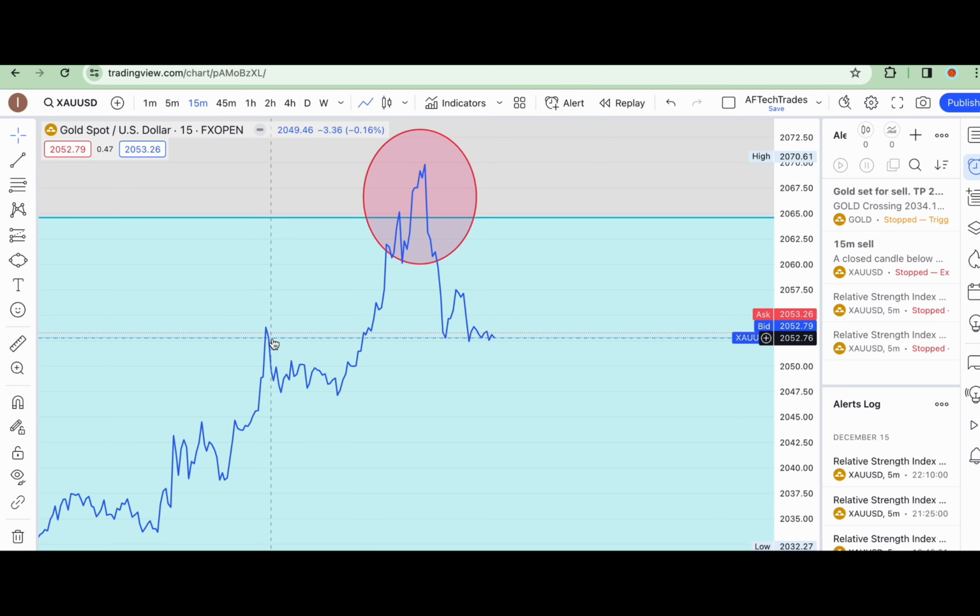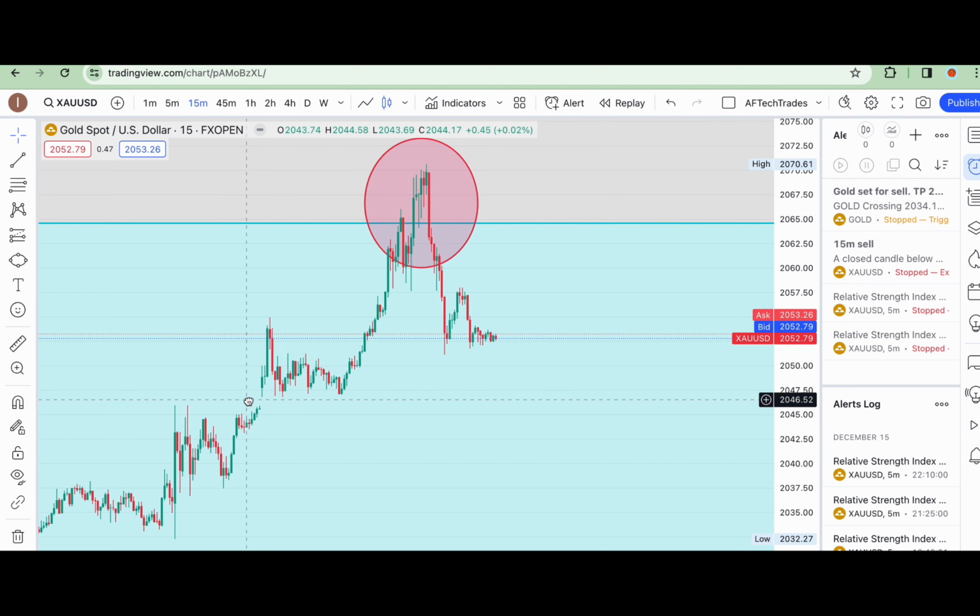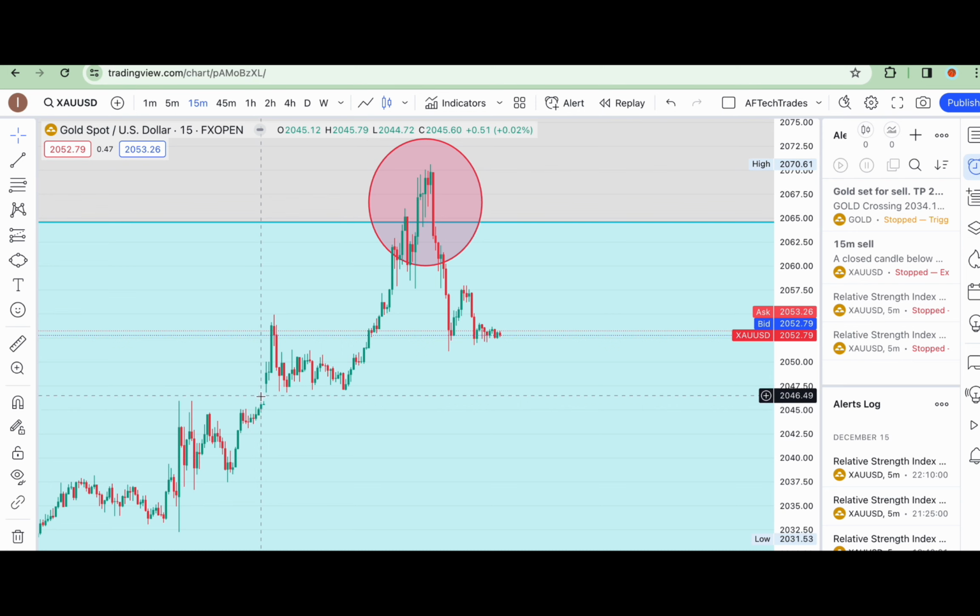If it breaks here, as I said, I had a gap, I talked about the gap. Let's look at this. I had a gap here to cover. This gap is of interest to me. Because it's going to cover this gap, I will wait for a break of this structure here.